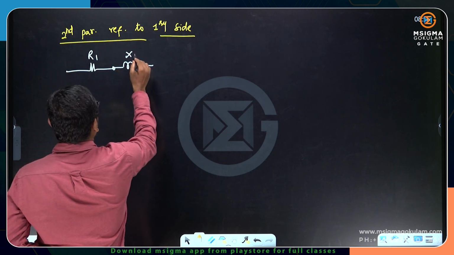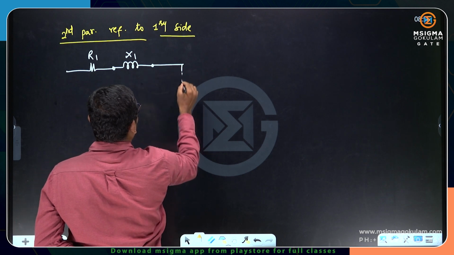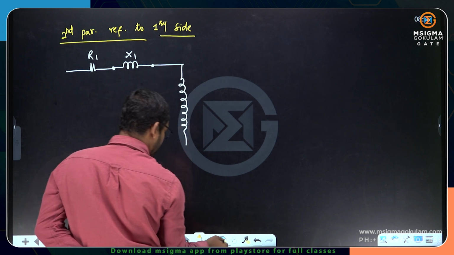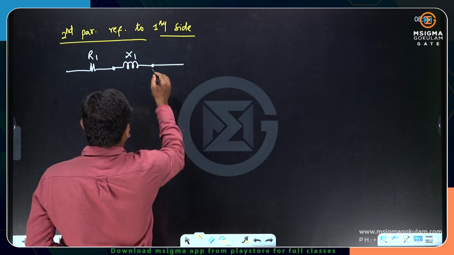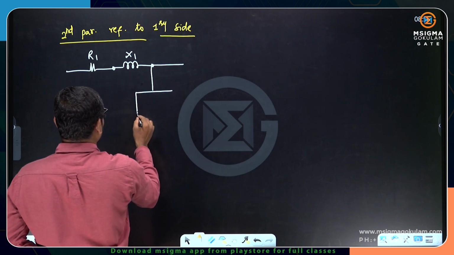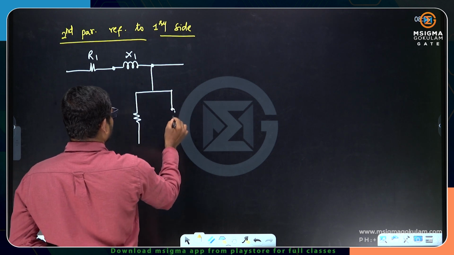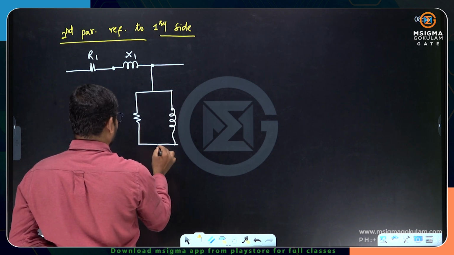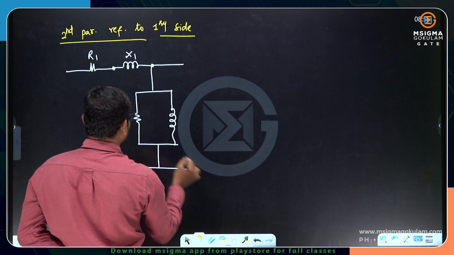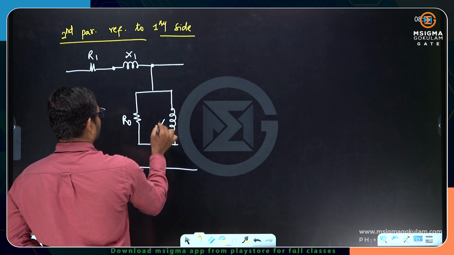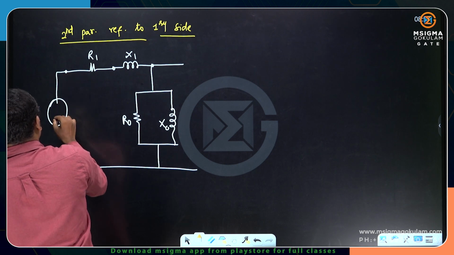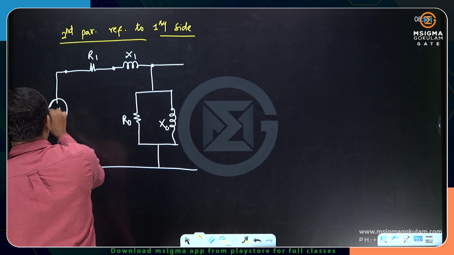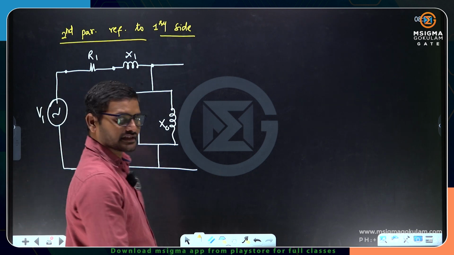Now we know the primary side parameters, R1, X1, and here is the winding. Okay, if you don't want me to draw the windings, let me show you here. And this is the no load branch parameters R0 and X0. Okay, so these are core branch parameters, and this is my primary supply voltage. Let me mark it as V1. This is the primary side.